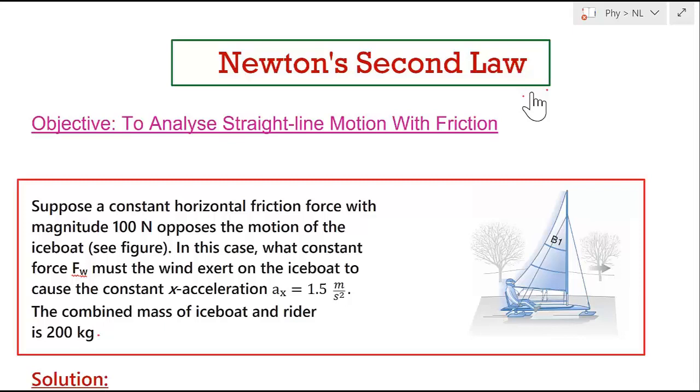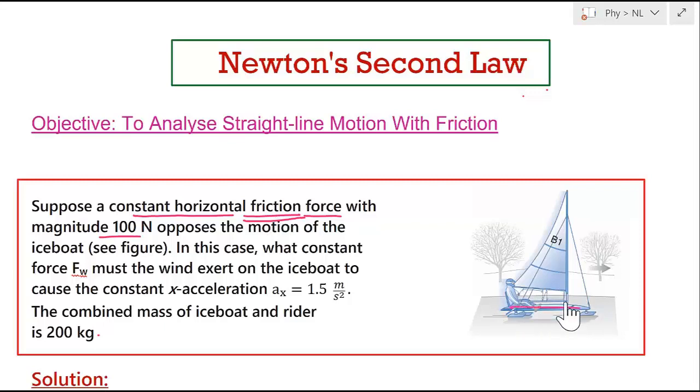So the problem says, suppose a constant horizontal force with magnitude of 100 Newton opposes the motion of the ice boat. This is a constant horizontal friction force. This opposes the motion of the ice boat as shown in the figure.